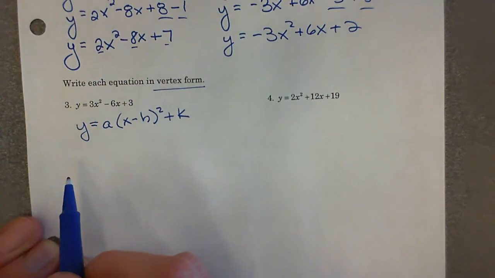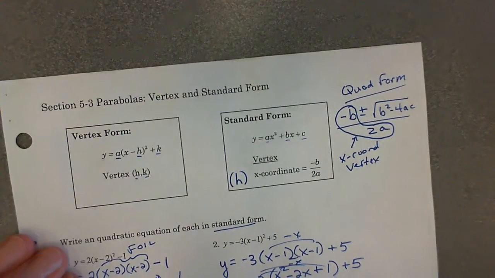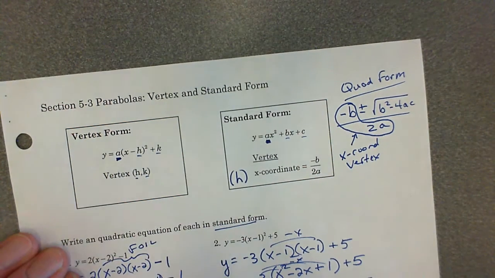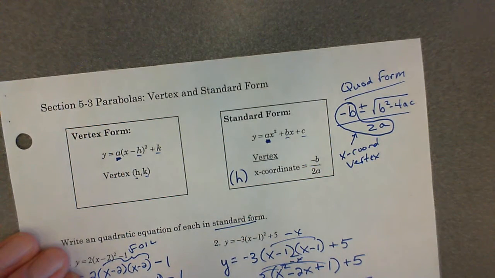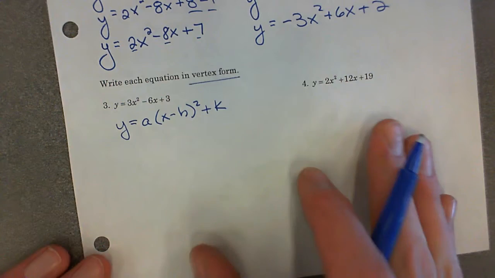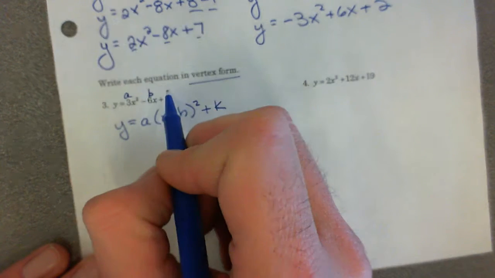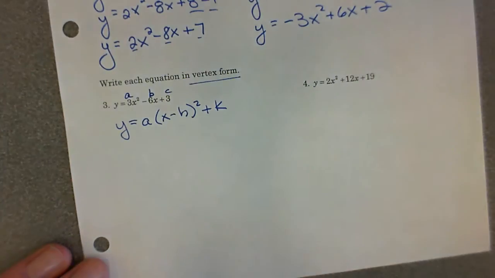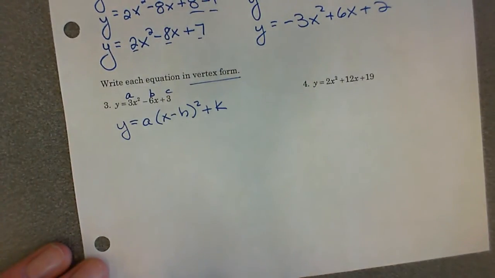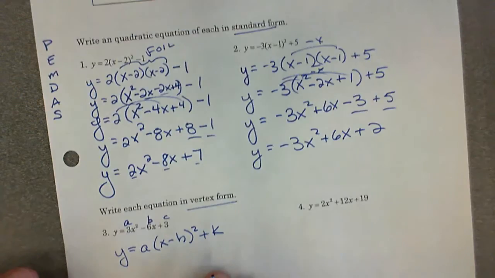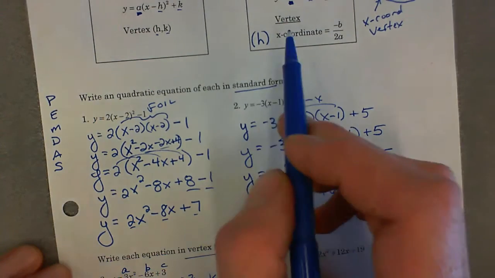Do we know a? Well, we actually do, because the a here and the a here in both of these forms are the same a. So a is a. So we already know that this is a, this is b, and this is c. So I can find my x-coordinate of the vertex using this formula.